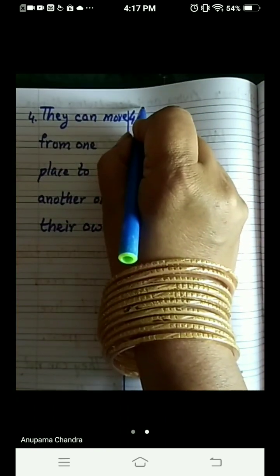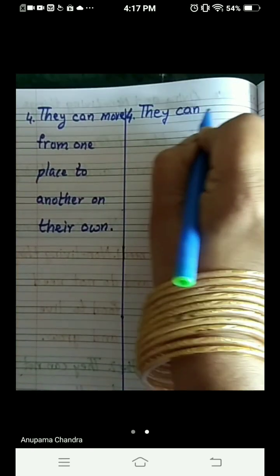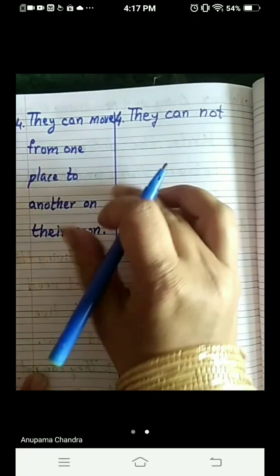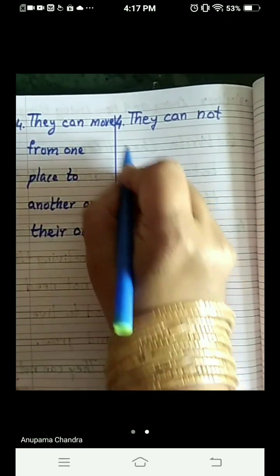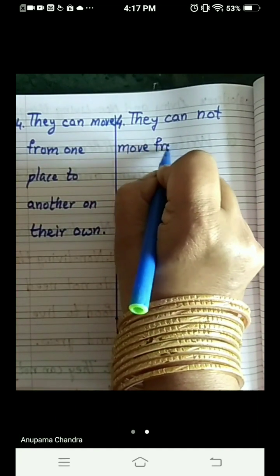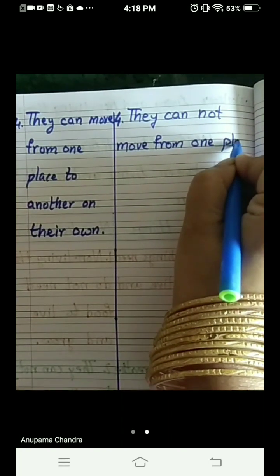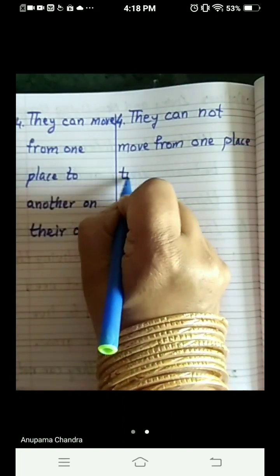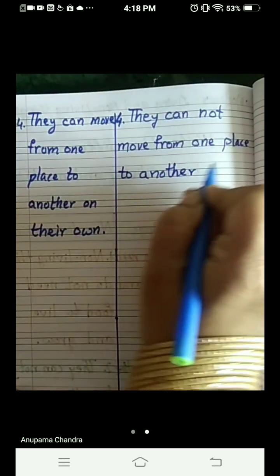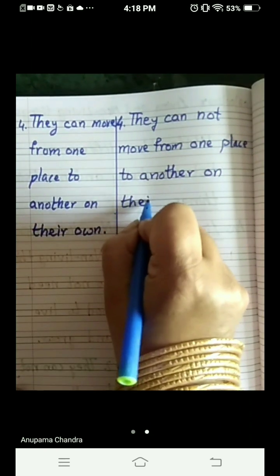They cannot move from one place to another on their own.